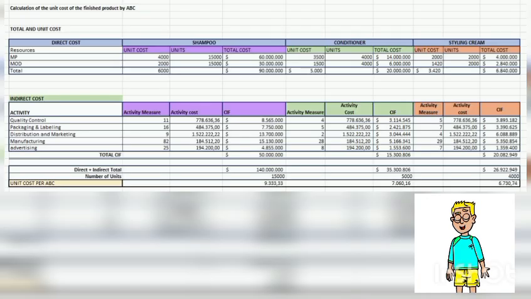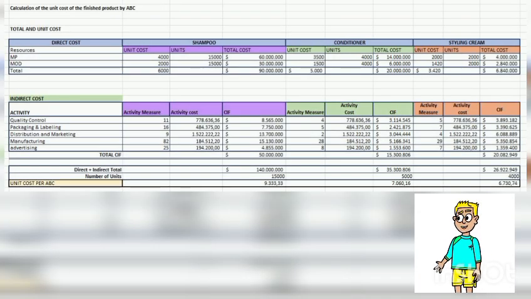With these values now, we continue with the unit cost of the products by ABC costing. To do this, we must bring the values of the raw material and direct labor. We multiply these values by the total number of units to be produced to obtain the total cost of raw materials and direct labor.